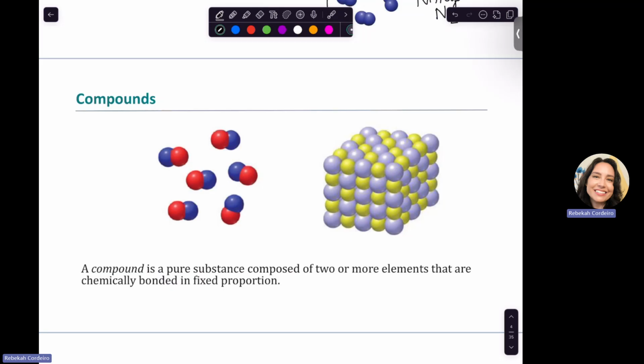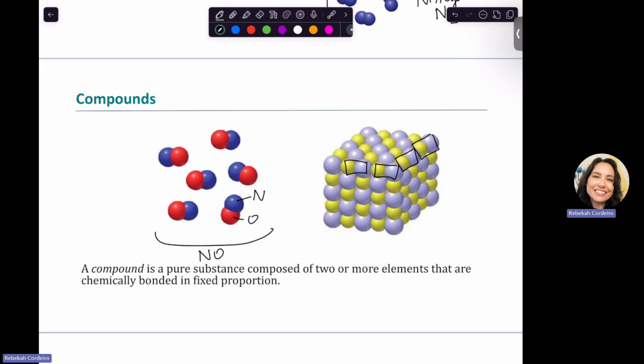Compounds are two or more elements bonded together. So this would be nitrogen and this would be oxygen. So this would be a sample of NO, nitrogen monoxide. Here we have, I don't know the color symbol for purple and green here, but we essentially have a 1-to-1 ratio of each of these.